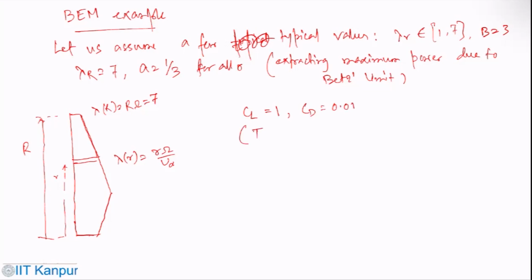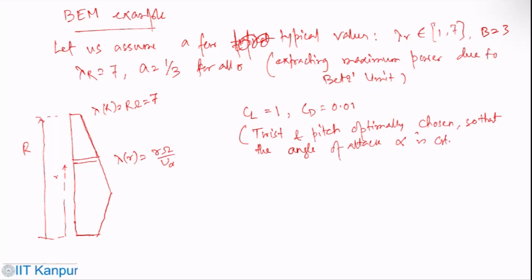So the idea here is that the twist and pitch are optimally chosen so that the angle of attack alpha is constant at 5 degrees.